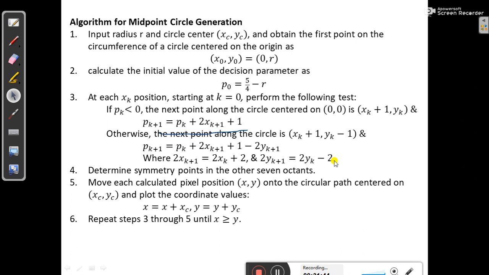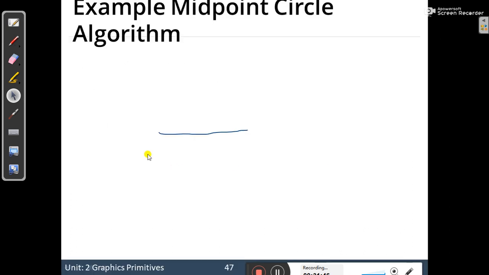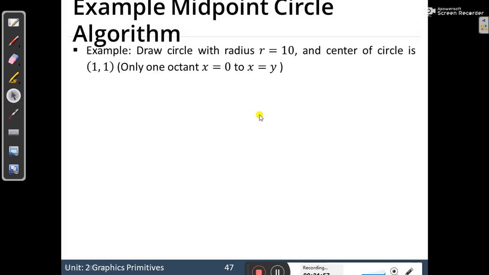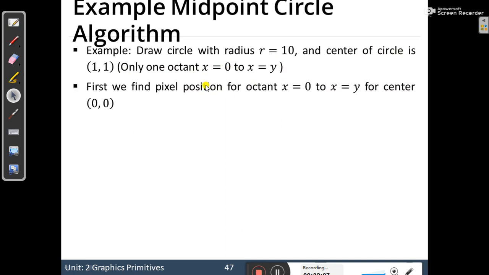This will repeat. So we'll try to understand it using an example. Try to go through this. I will explain it very carefully. Suppose our radius is 10 and the center of the circle is 1, 1. We are going to try only one octant, which is x0 to xy. Now we find pixel positions for the octant from center 0, 0.